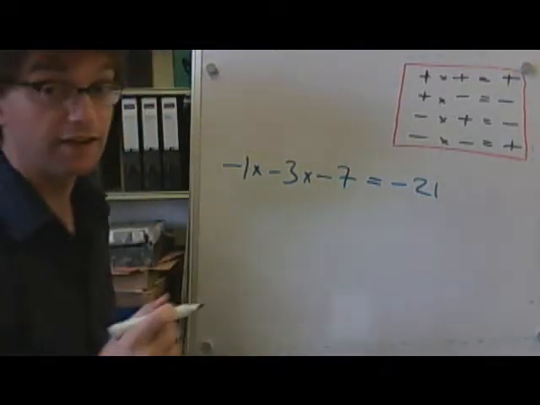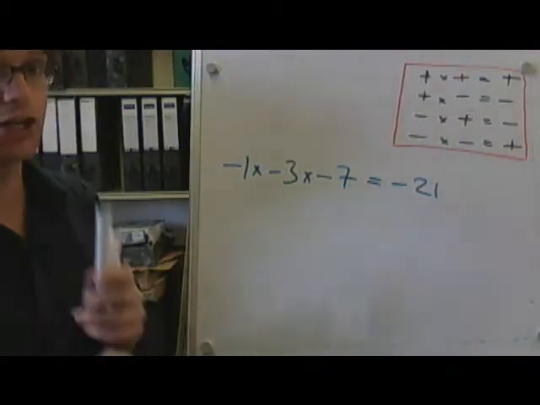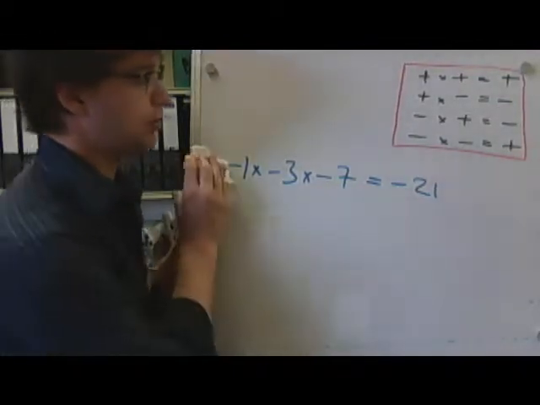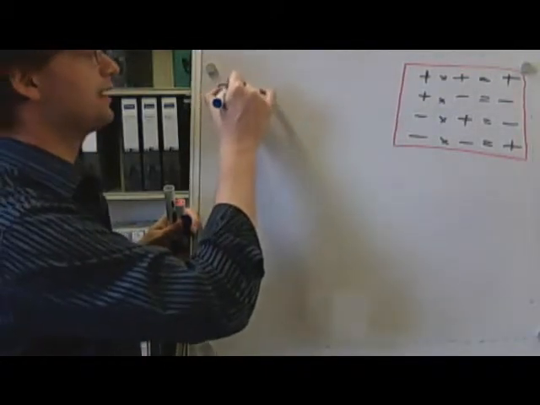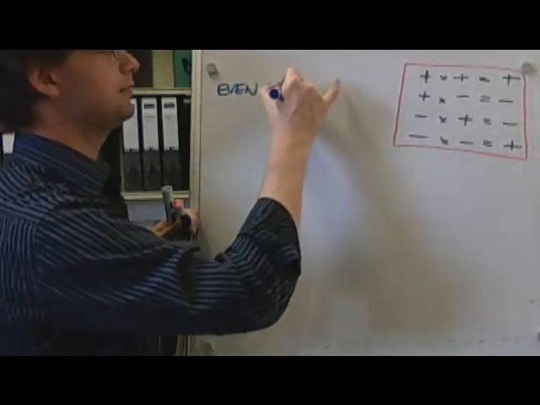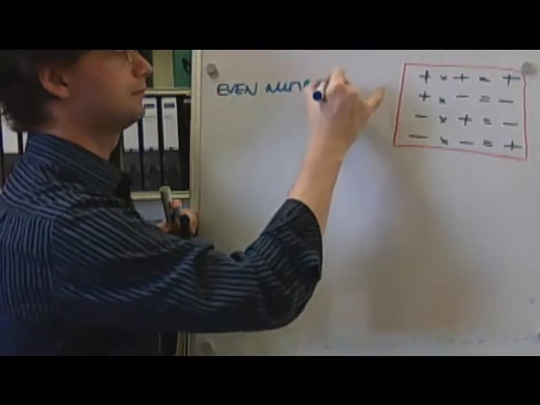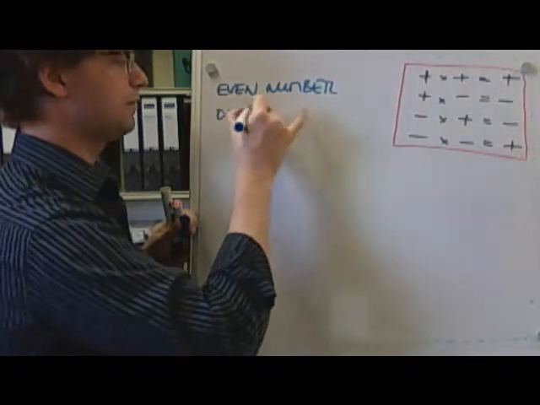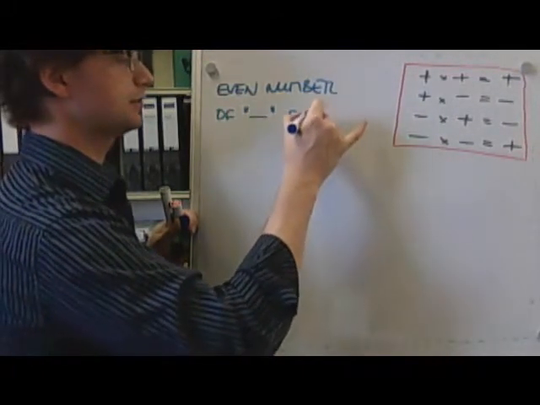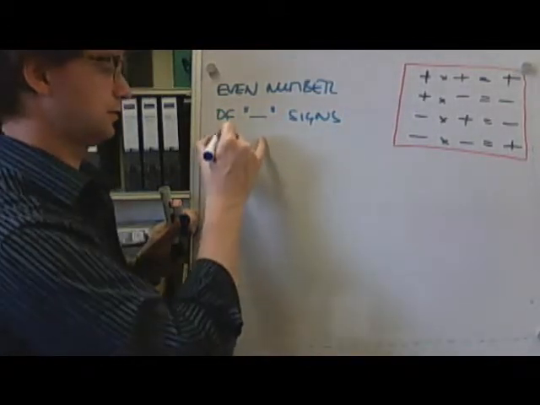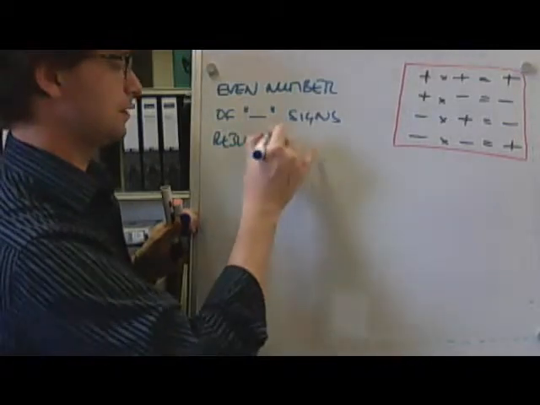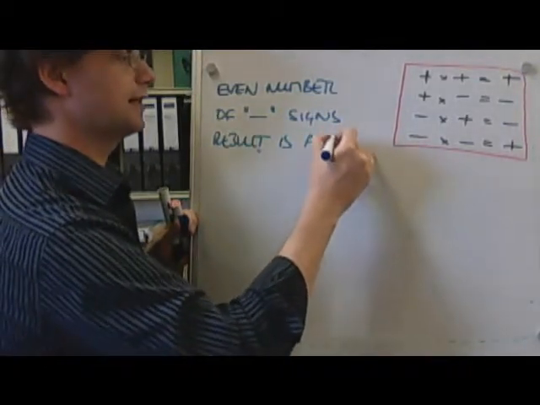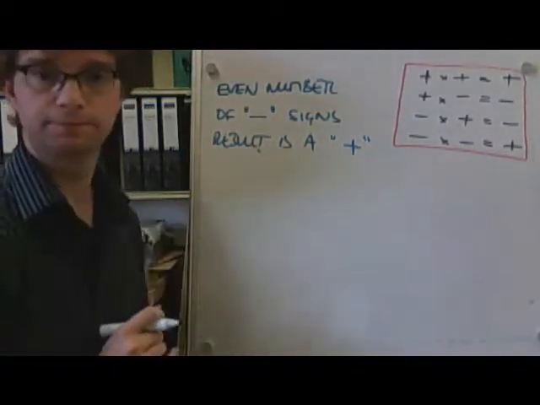You can simplify this in any chain. In any chain like this, if you've got an even number of minus signs, the result is a plus.